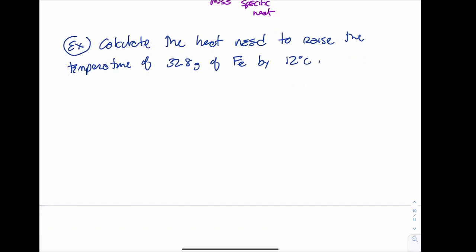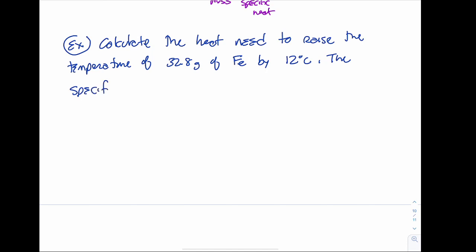The specific heat of iron is 25.1 joules per gram degrees Celsius.